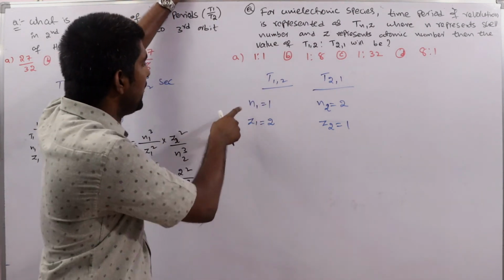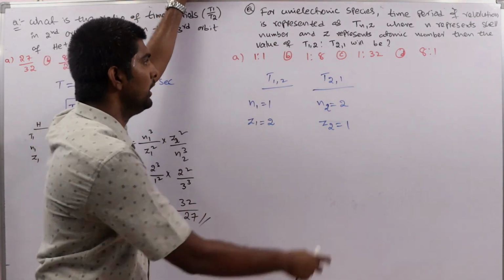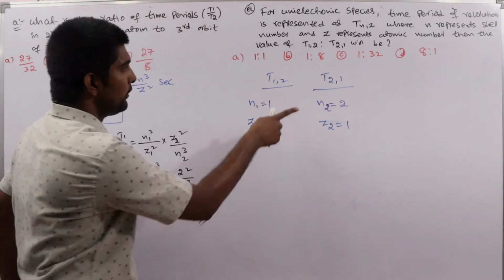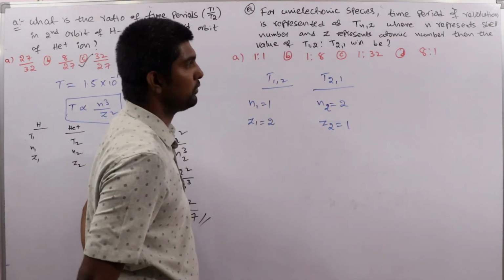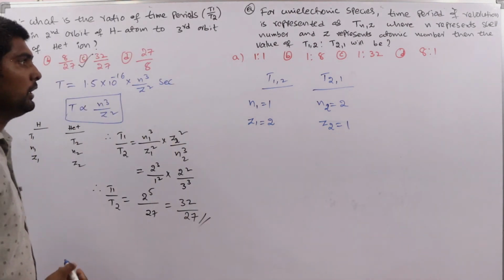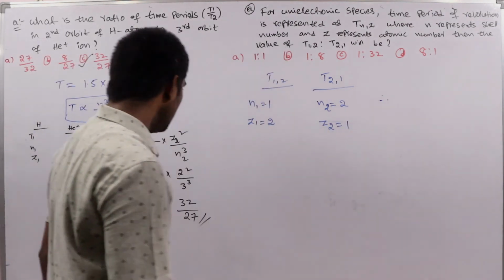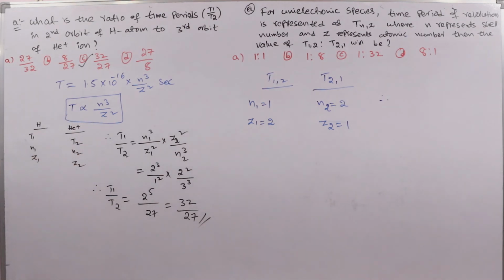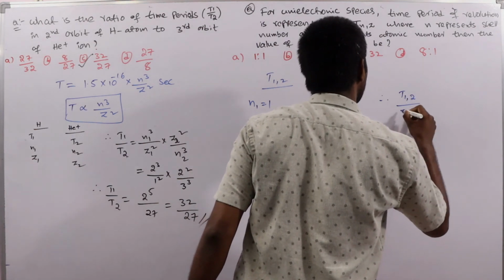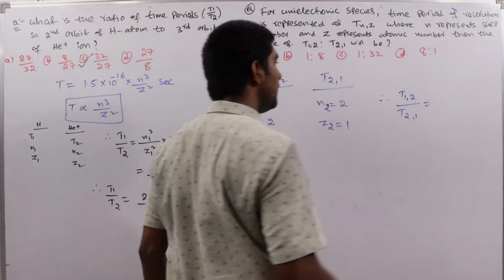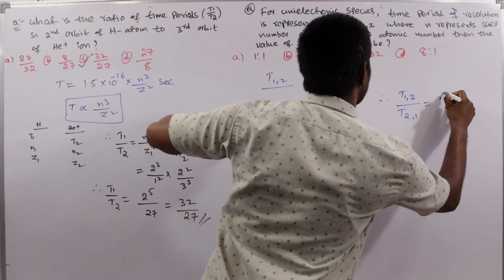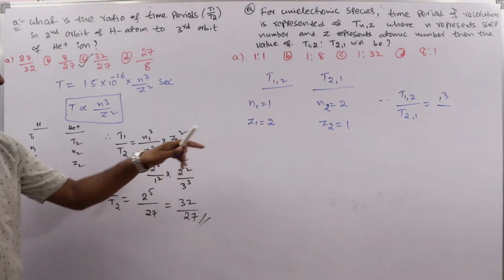So for T1 comma 2 we are assuming it as N1 and Z1. For T2 comma 1 we are assuming N2 and Z2. So here this is representing N2 that is equal to 2 and this is representing Z2 atomic number that is equal to 1. Okay, so therefore we have the relation here. T1 comma 2 by T2 comma 1, nothing but for T1 comma 2, N cube, that is 1 cube by Z1 square.